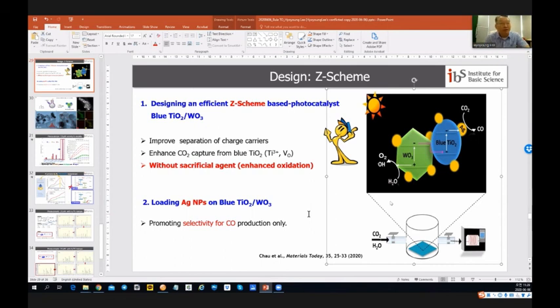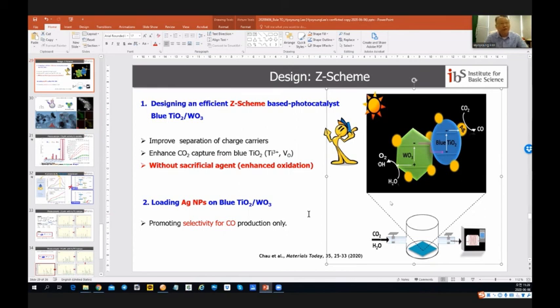So now in Korea, our product, blue TiO2, a company has already done the technical transfer, and it is now a big company. But I cannot tell you more, because it is still going on. The company is trying to sell it for many other applications. That is what the company is doing now in Korea.